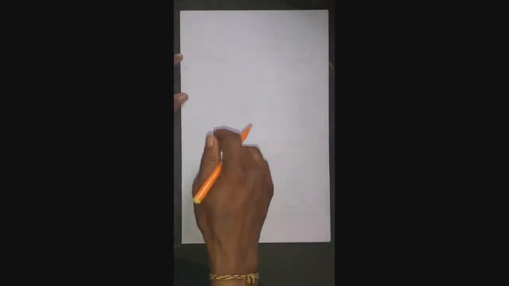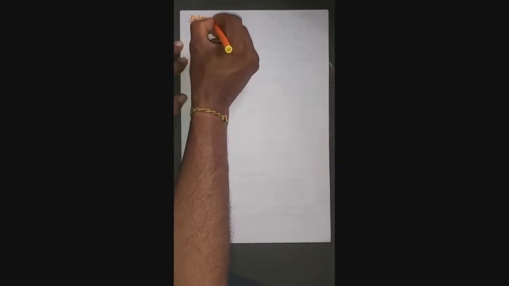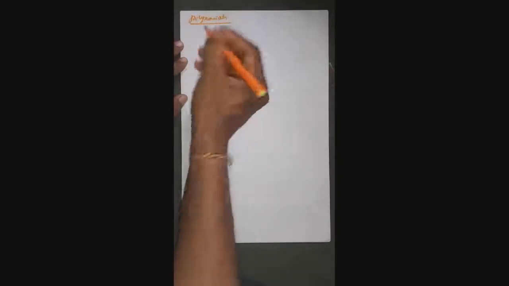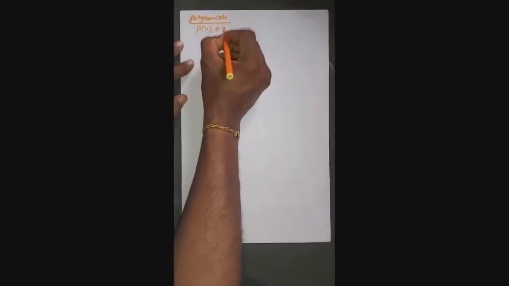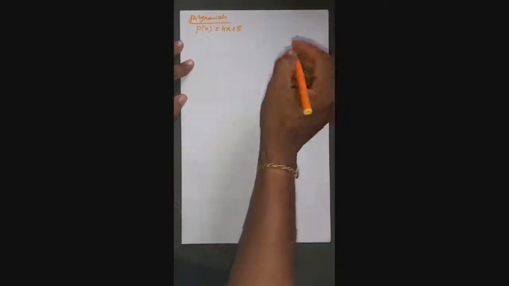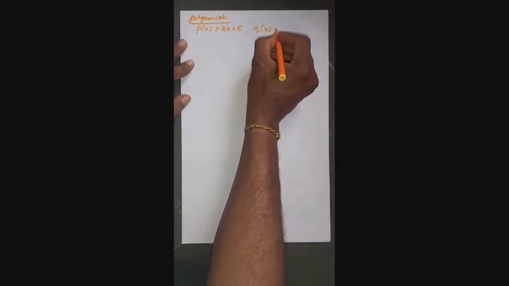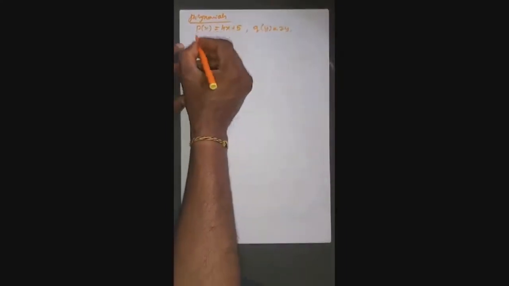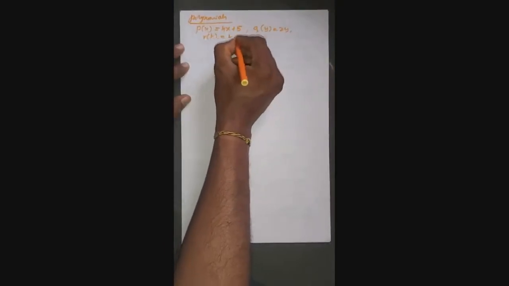Okay, dear students, now observe the polynomials, that is, p of x is equal to 4x plus 5, okay, and one more, that is q of y is equal to 2y, okay, and r of t is equal to t plus root 2.